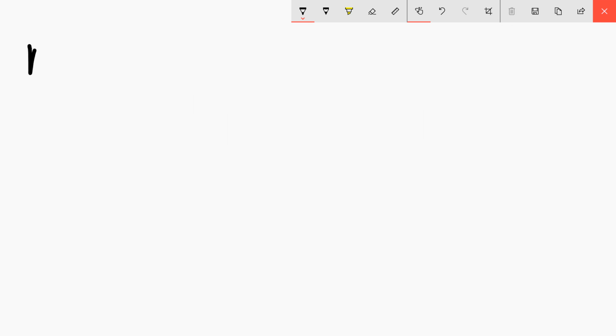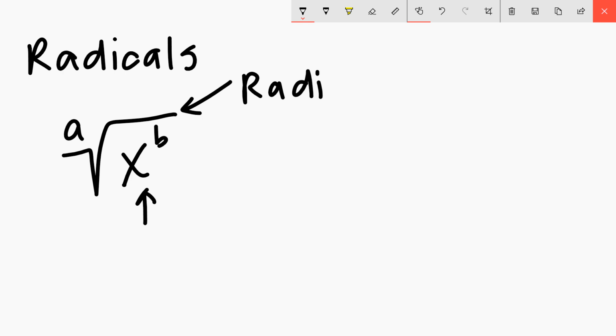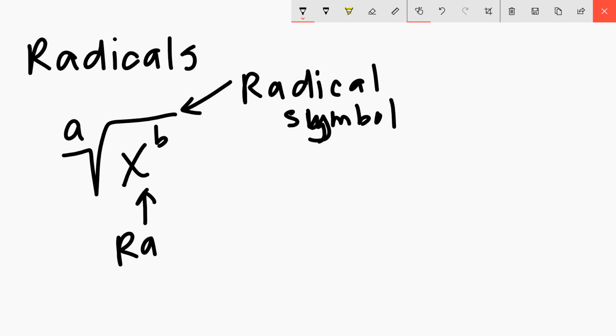We got into radicals as well before we left school. We've got, let's say, the b-th root of x to the a power. Remember that everything underneath my radical symbol is your radicand.